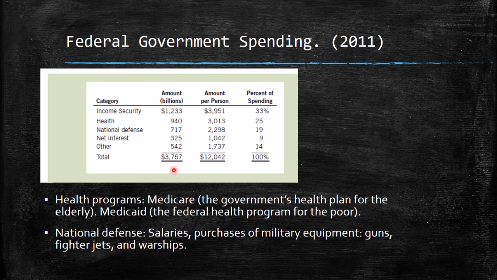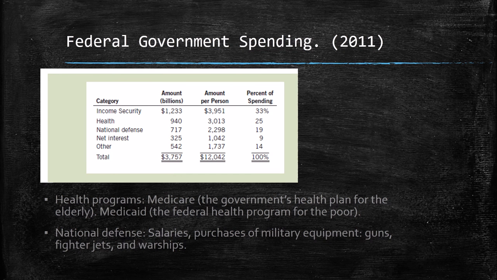The other part that we have is national defense, the third one. All of that is salaries and purchases of military equipment, guns, fighter jets, and warships. And actually, it increases in wartime.